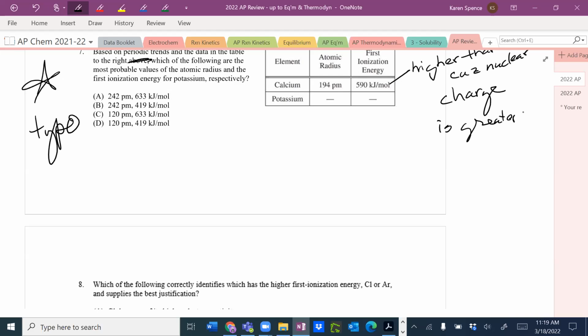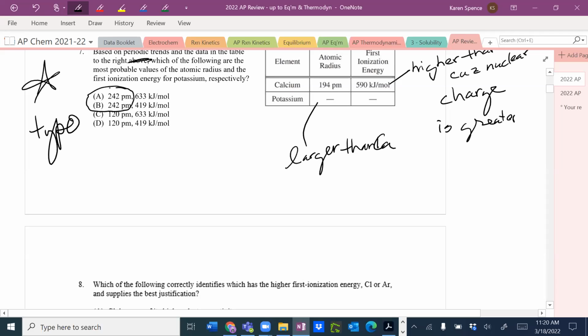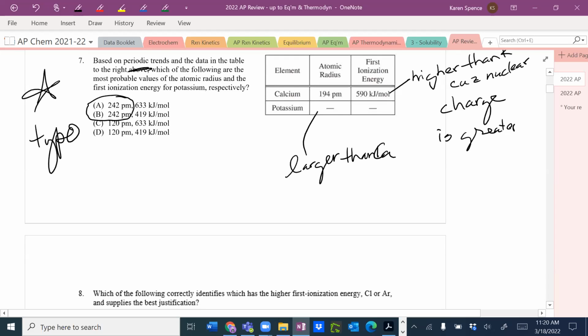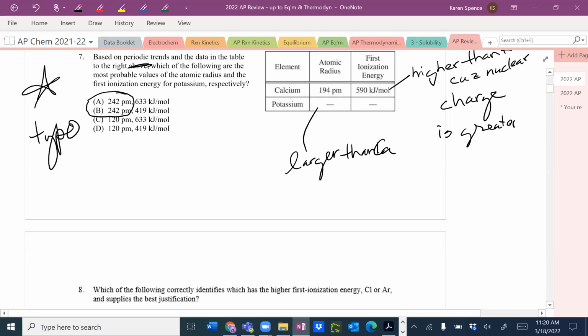And so potassium's atomic radius should be larger than calcium. So we want potassium to be larger than calcium, and we want ionization energy to be lower than calcium. So that is going to be B.